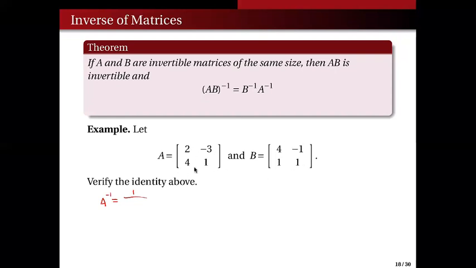But anyway, let's calculate now. A inverse, it's 1 over 2 times 1 minus 4 times negative 3. And then here, we interchange 1 and 2. So this becomes, interchange 2 and 1, so this becomes 1, 2.